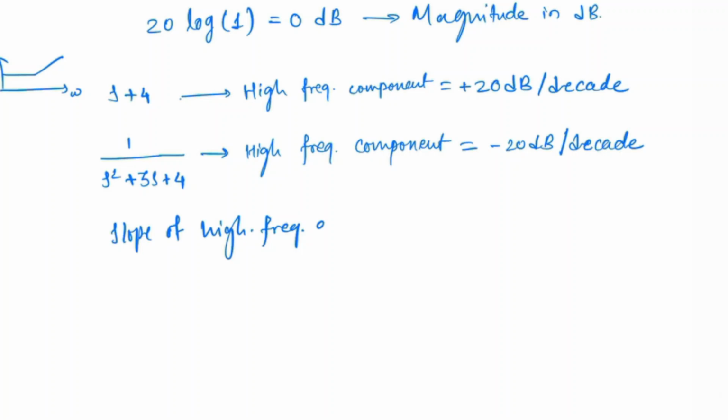So plus 20 minus 40 would give us minus 20 dB per decade for the slope of the high frequency asymptote.